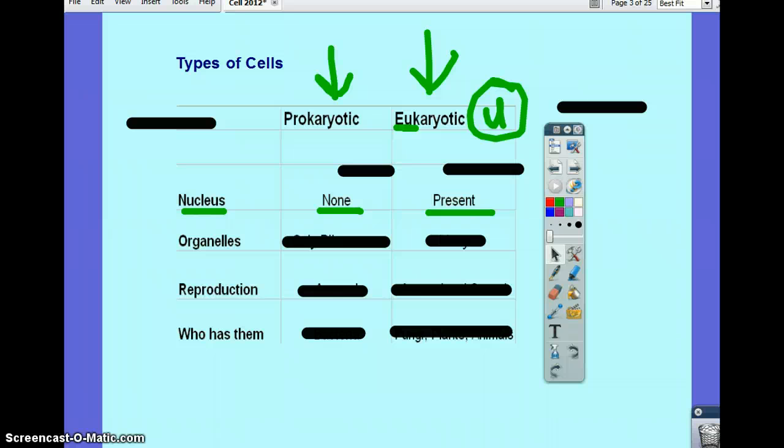No nucleus, but they will have cytoplasm, DNA, and cell membrane. And they also have ribosomes. Don't put only. You know they have the three things that all cells have, and ribosomes.